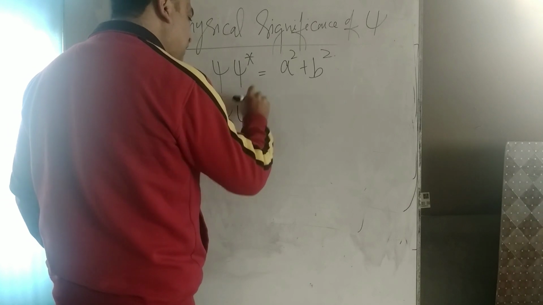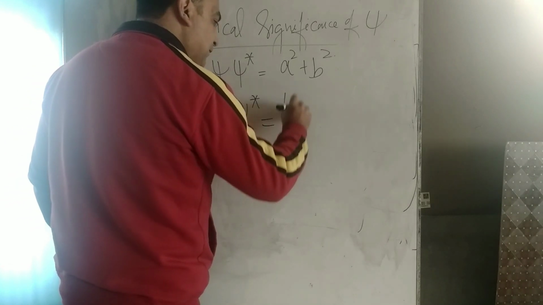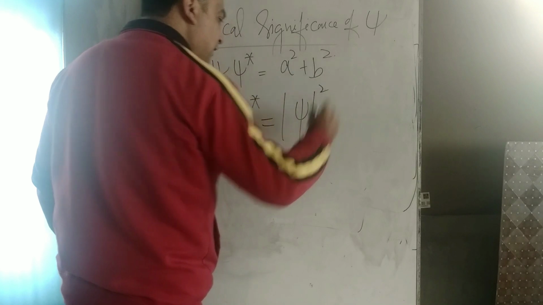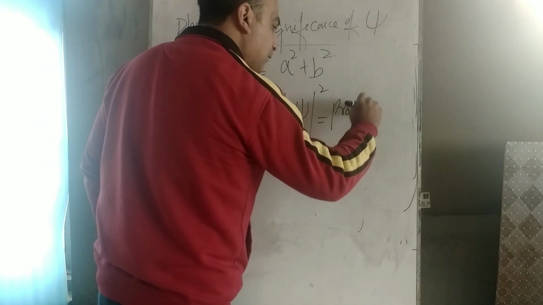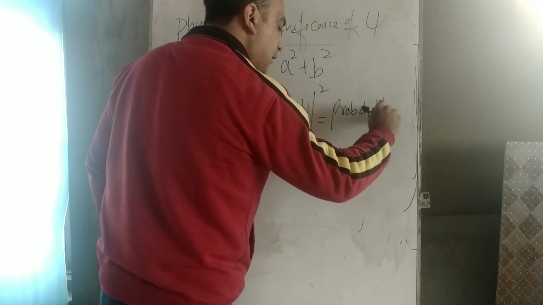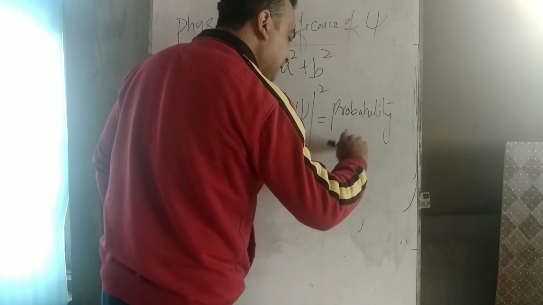It's written like this, psi star psi. This is called probability density.